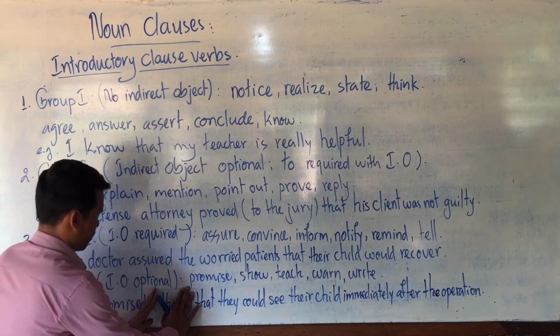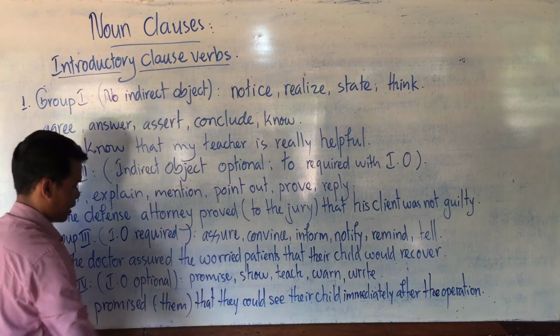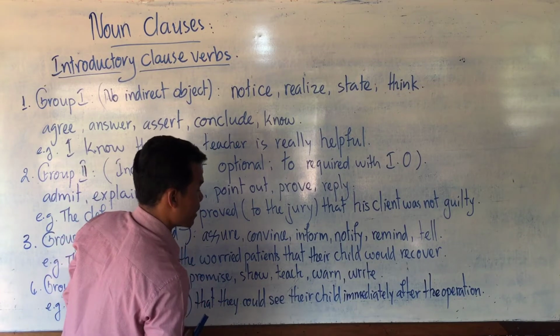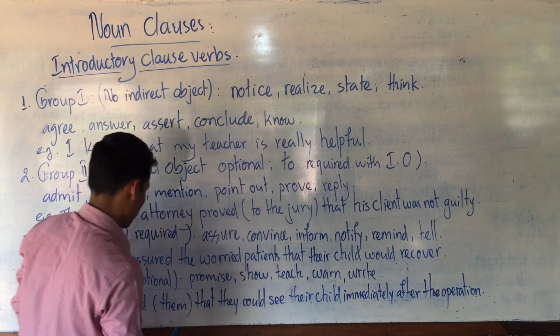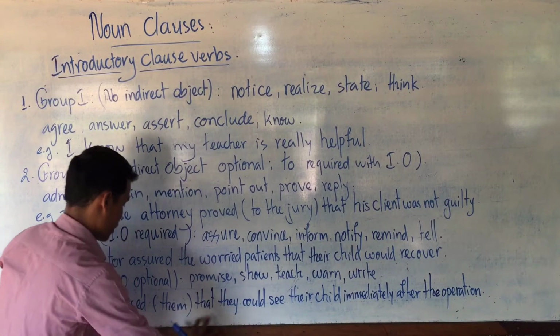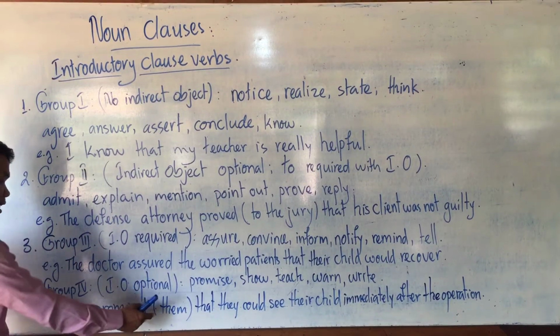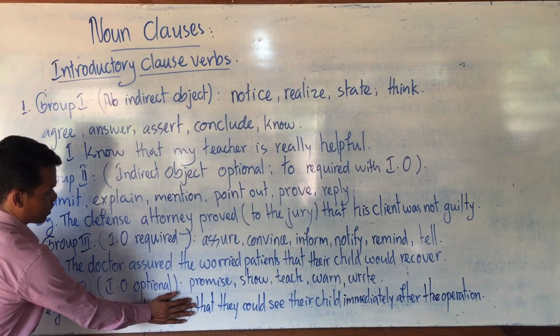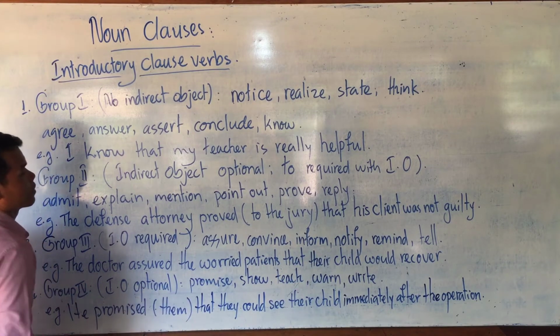If you want to write it, no need to use brackets, or if you want to delete it, that's okay. That they could see their child immediately after the operation here is a noun clause, the direct object, and them is the indirect object. But if you don't want to write the indirect object, everything is okay.